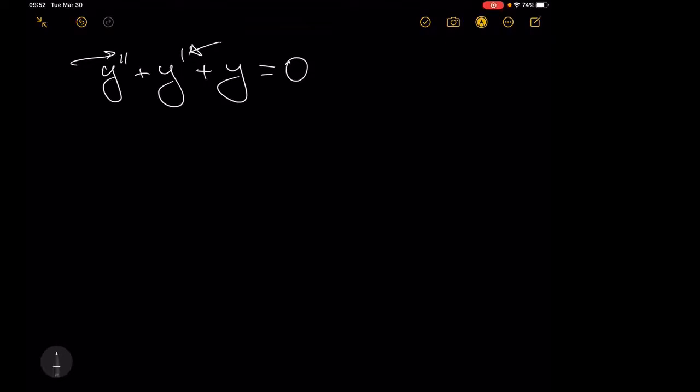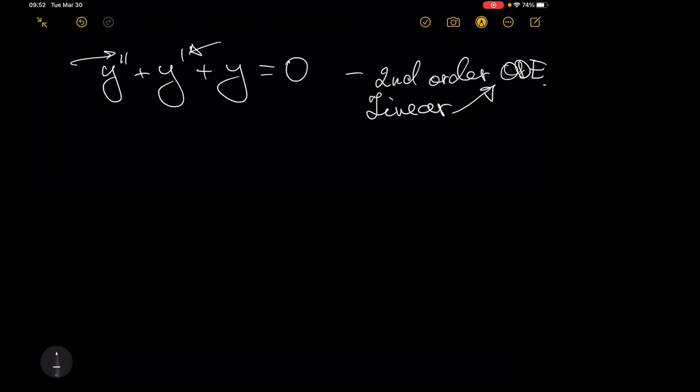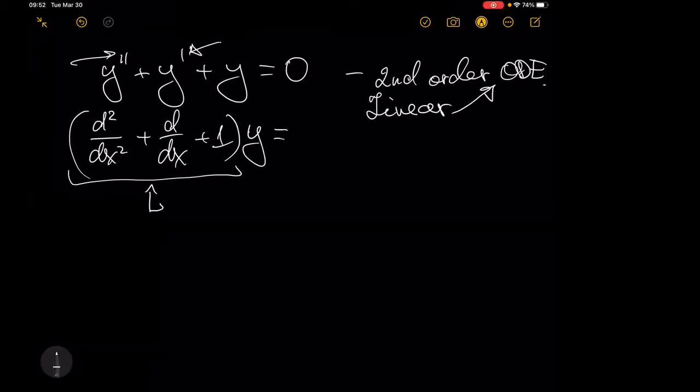This is what is called an ordinary differential equation of the second order. What is important, this is a linear second order ODE. Why? Because you can represent it as d2 by dx squared plus d by dx plus 1, and you can call this operator L applied to y equals 0.